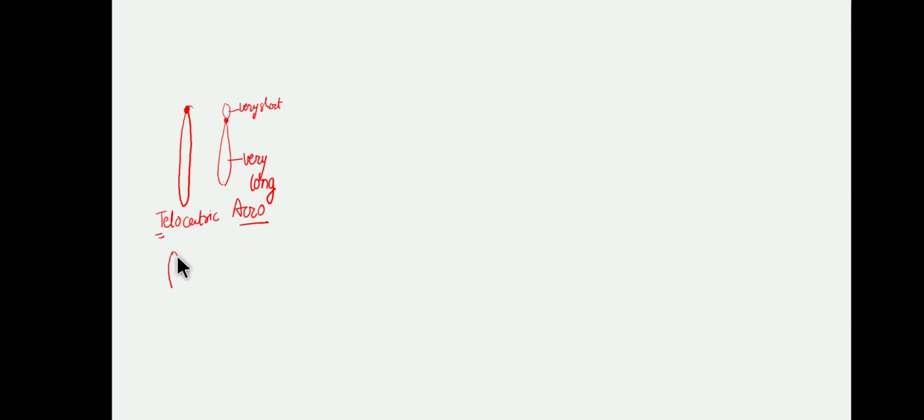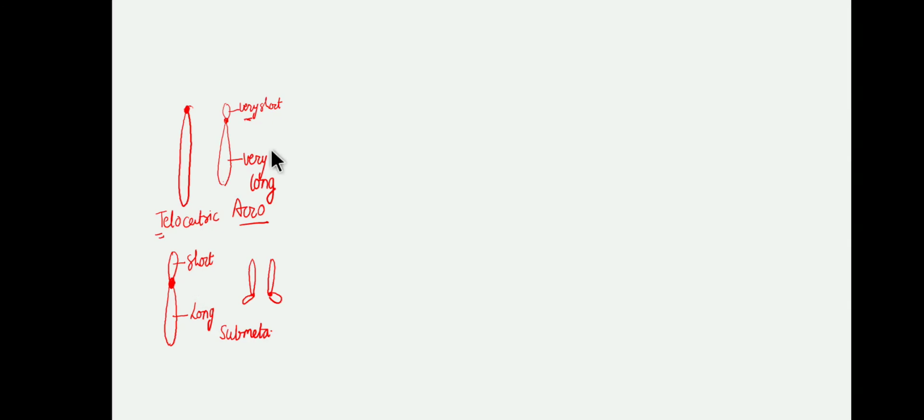Now, the third category is when the centromere is present towards the center. Now, the centromere is moving towards the center. If it is present towards the center, it leads to the formation of a short arm. We are not going to call it a very short arm, but a short arm and a long arm. Usually, this kind of chromosome is also called a J-shaped chromosome or L-shaped chromosome, and the name is submetacentric.